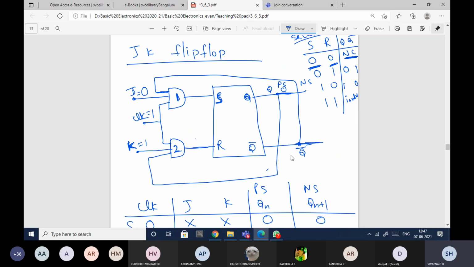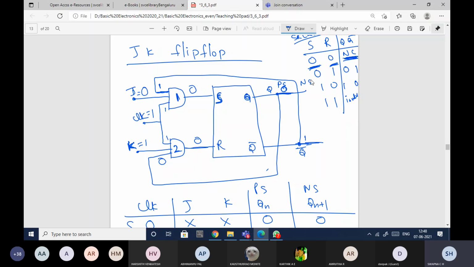So Q is 0, so Q bar is 1. This Q is connected to the second AND gate, so 0. Q bar is connected to the first AND gate, so it is 1. So 1, 0, 1. The output of the first AND gate is 0. The output of the second AND gate is also equal to 0. So S value is equal to 0 again, R value is also equal to 0 again.